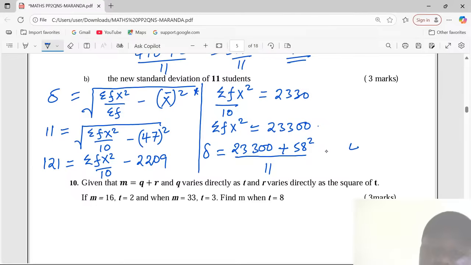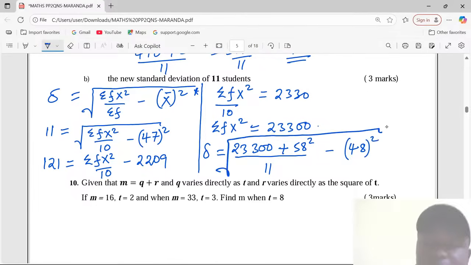The new mean score is 48 squared. Then we take the square root. This should be computed now. I multiply this by 10, then I add 58 squared, then I divide by 11.